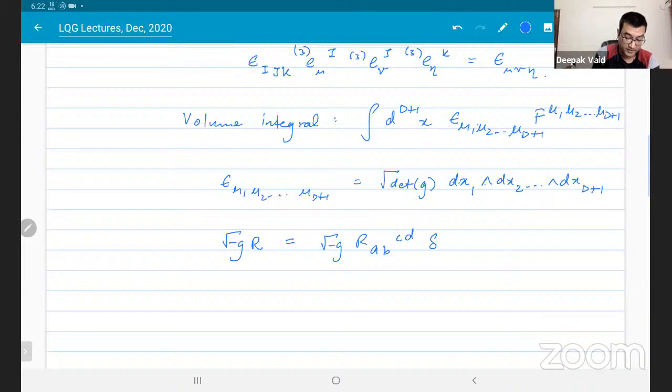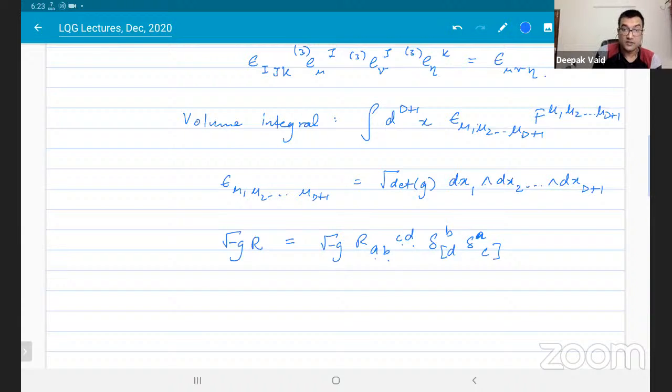And now I have to contract some indices. I have to contract a and c, and I have to contract b and d. So I would write delta bd and delta ac, and these are antisymmetrized. Okay.